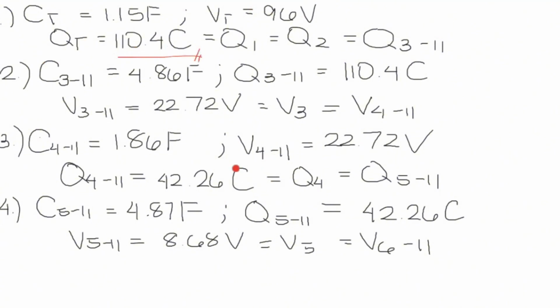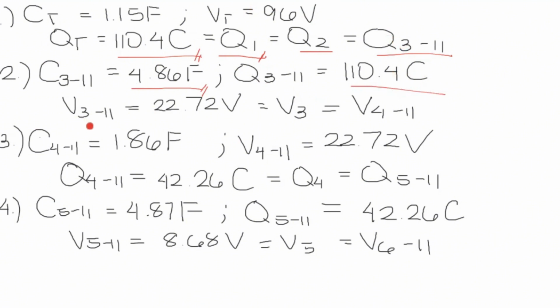If our QT is 110.4 coulombs, it is also equal to our Q1, since in a series, the charges are always equal. And since Q1, Q2, and Q3 to 11 are all in series, therefore, all of them are equal to 110.4. Now moving on to C3 to 11, our capacitance is 4.86 farad, and our Q, which is used from the previous solution, is 110.4.